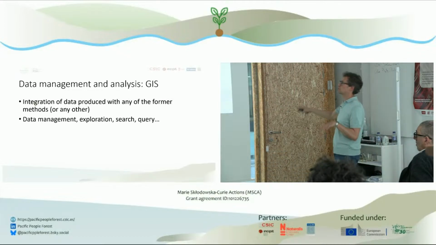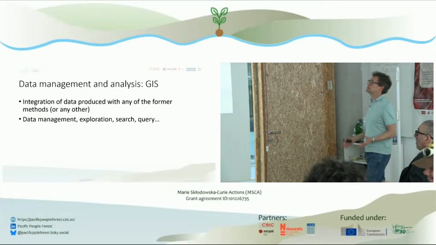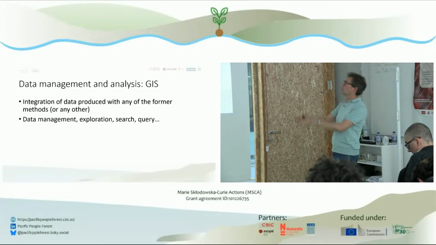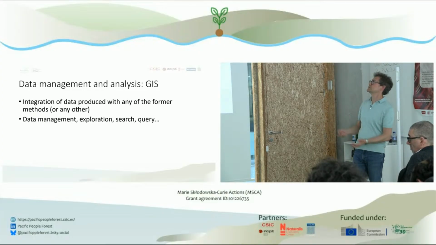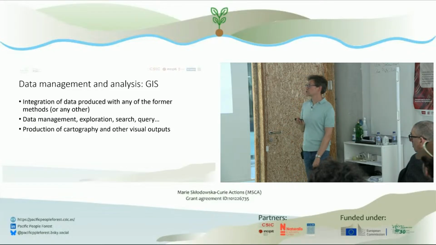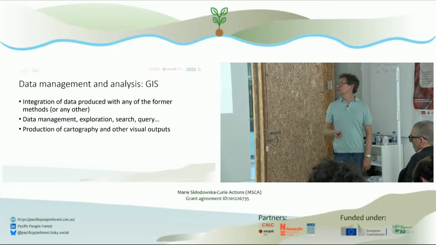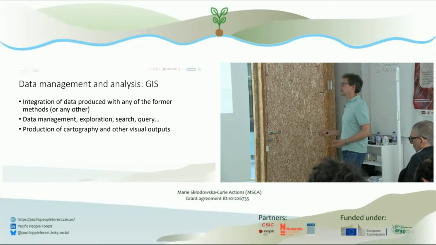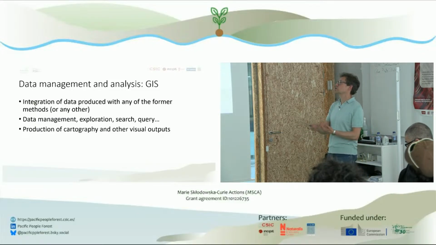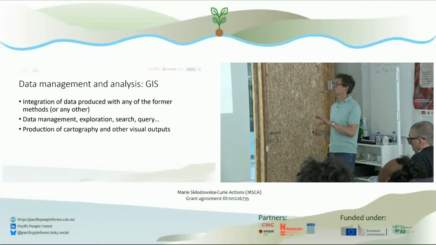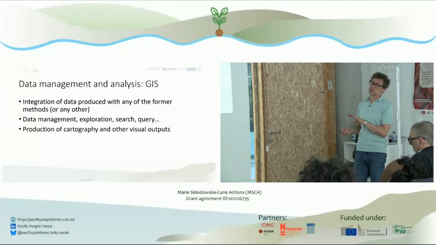So we can use different tools and methods to collect data, but in the end, we are always putting all those data into a GIS and using a GIS to combine all those data in different ways. And it's also the basic device for the production of cartography, of maps, which is sometimes kind of a byproduct of GIS, a secondary use of GIS, but in the end is what most people do with GIS: producing maps.